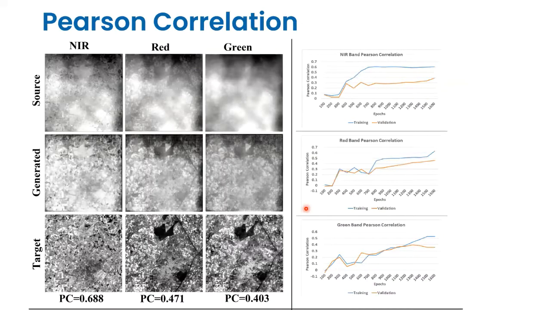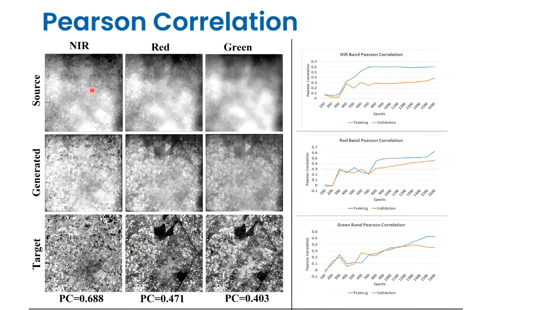So we have used Pearson correlation to evaluate individual bands of the generated image. This also shows the direct correlation between the DN values, or the pixel values, of an image. So we can see how correlated the DN values of the target image and the generated image are. So again, this is the input to the model, this is generated by the model, and this is the actual cloud-free image.